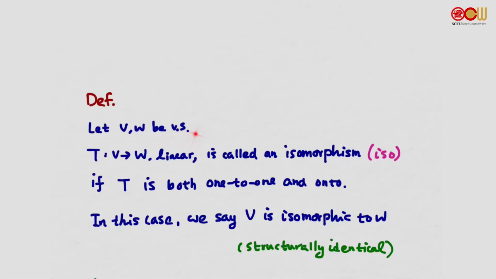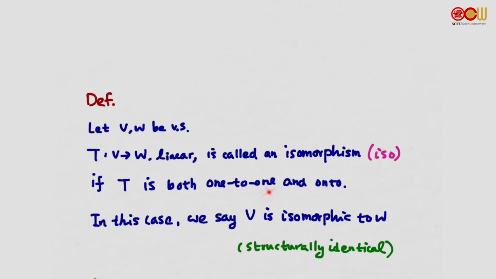A definition. V and W are vector spaces. T is a linear transformation from V to W. And we say T is an isomorphism, which we will abbreviate as iso, if T is both 1 to 1 and onto.